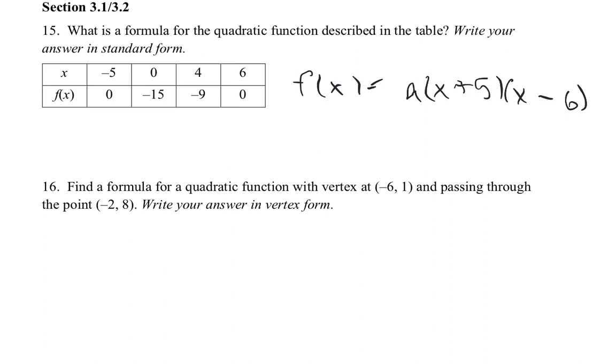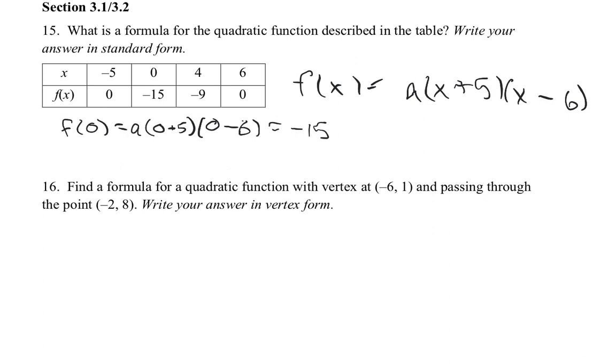So what I'm looking at now is that when x is equal to 0, f of x is equal to -15. So if I say that f of 0 equals a times 0 plus 5 times 0 minus 6, I know that this is equal to -15.